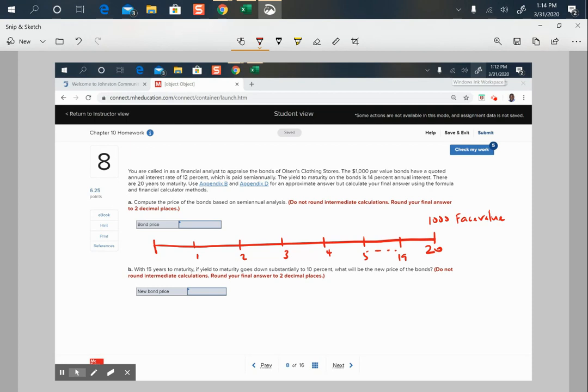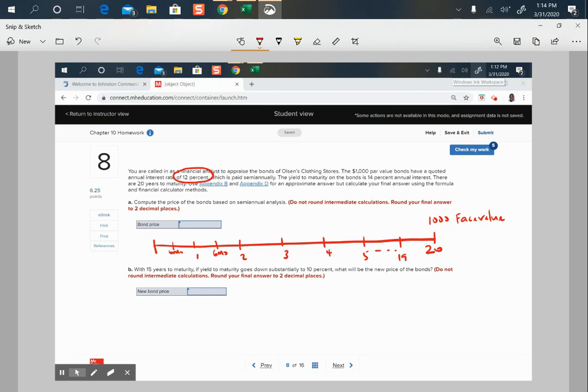Now, in this example, our interest payment is 12%, which is quoted on an annual basis. However, the interest payments here are being paid every 6 months. So every 6 months here, you pay an interest. At the end of the year, you pay another interest, and then again, in the next 6 months, you pay an interest. You pay the second year, all along until 20 years.